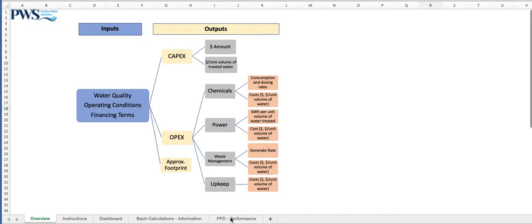And finally, the fifth section provides a process flow diagram and what to expect in terms of water quality, flows, and mass balance and whatnot, designing the chemical softening unit.